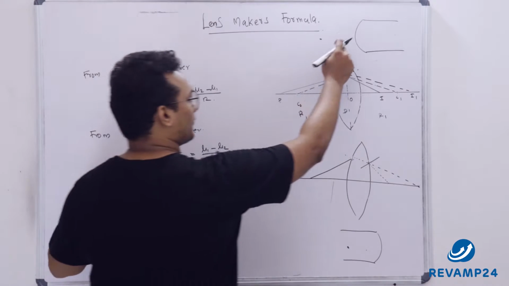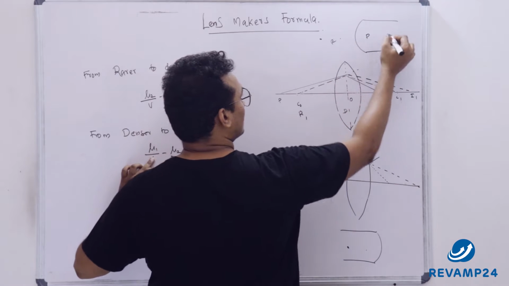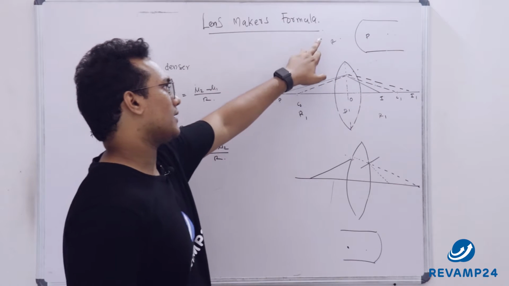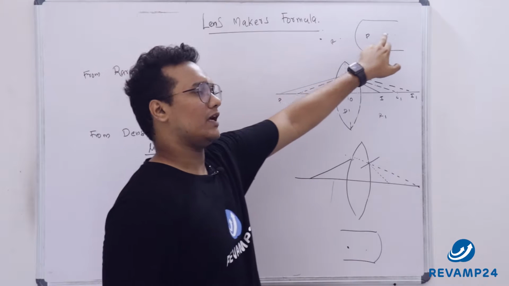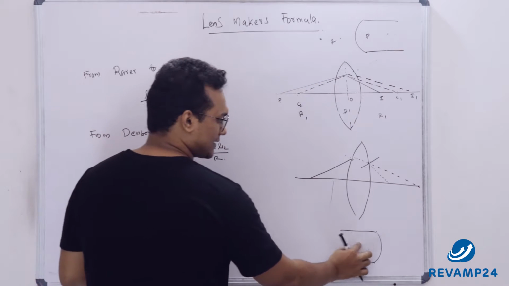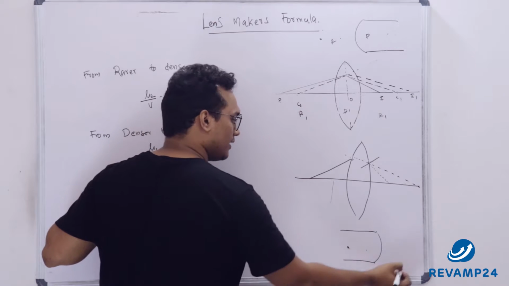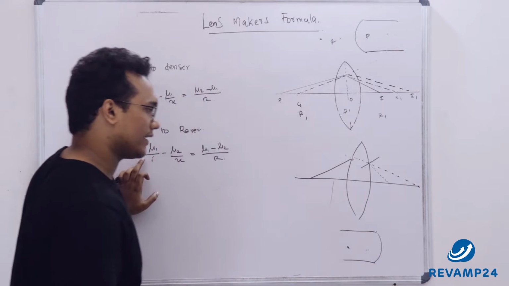So in the first case, rarer to denser, I kept an object and we have seen an image here. Now in the second case, from denser to rarer, this is the equation. I kept my object here and we have seen the image here itself.